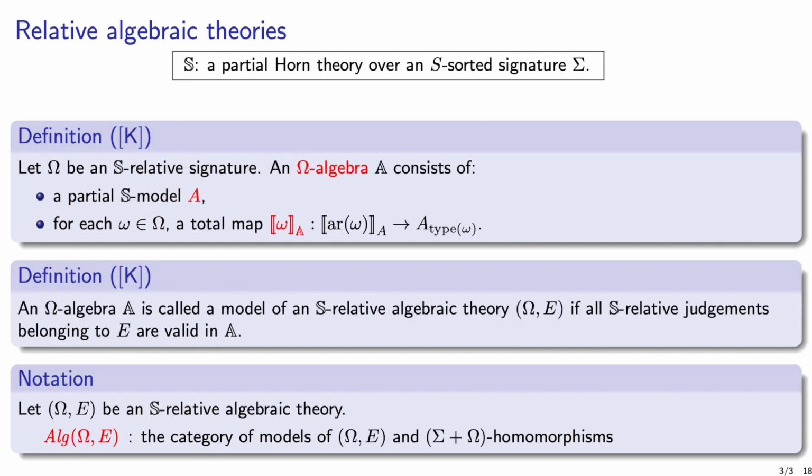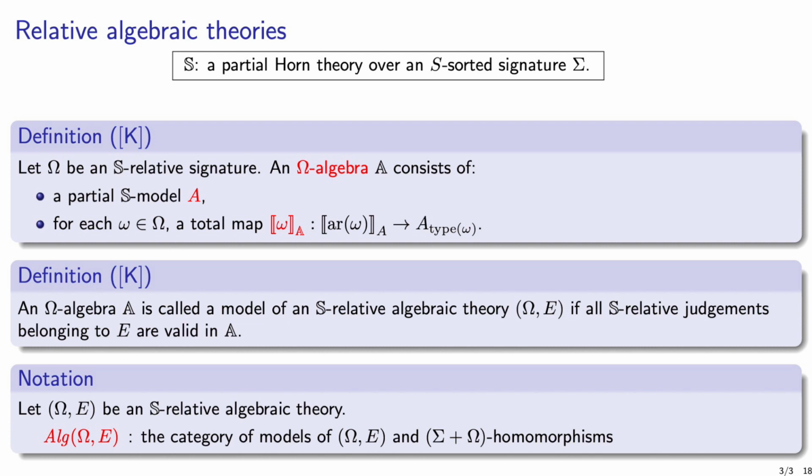Let us define the concept of models of an S-relative algebraic theory. For a given S-relative signature, its algebra is a model of S with an interpretation assigned to each operation. Here, the interpretation of each operation is a partial mapping, which outputs a result of its type if and only if the input satisfies the formula of its arity, as explained earlier.